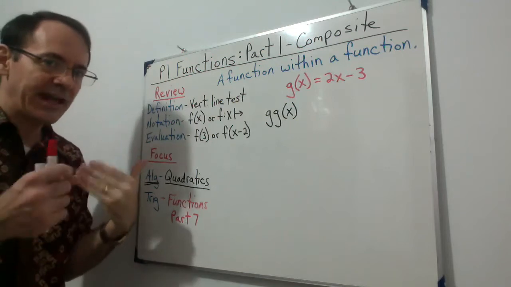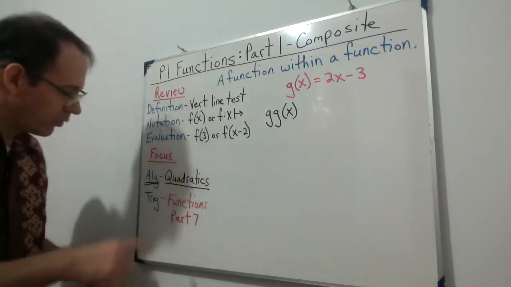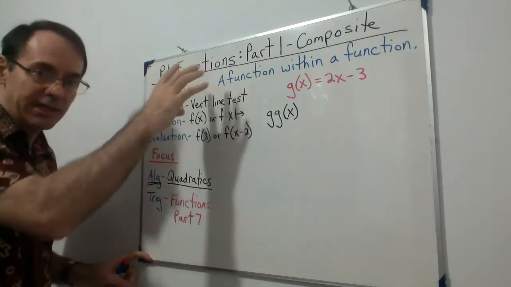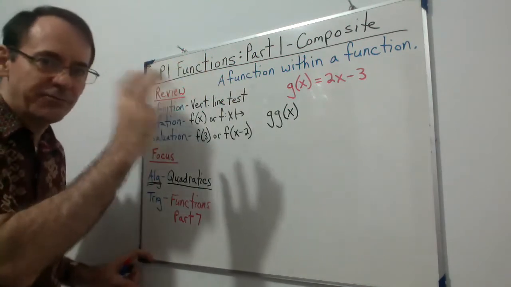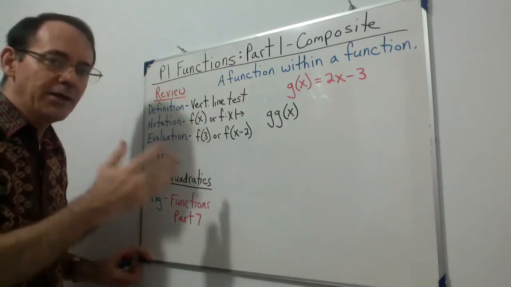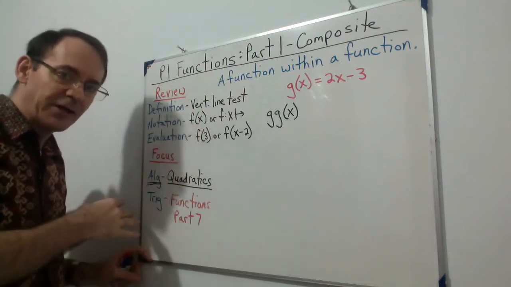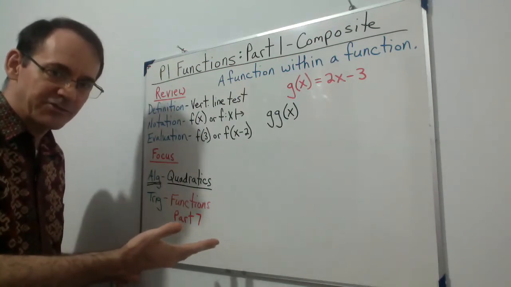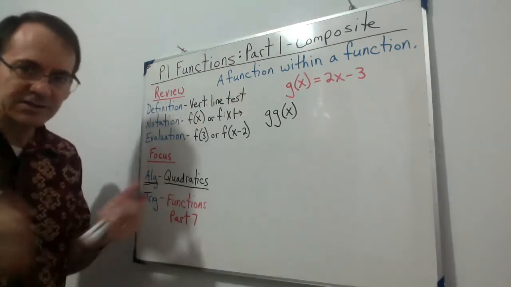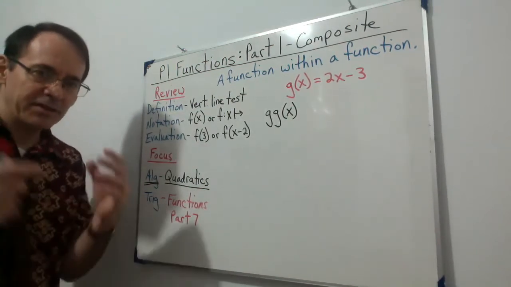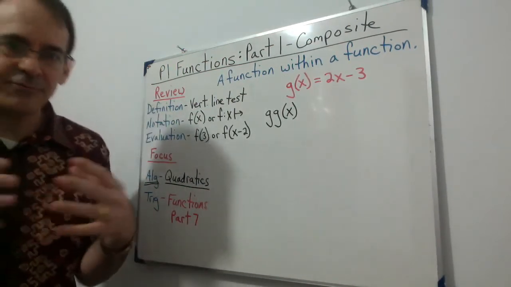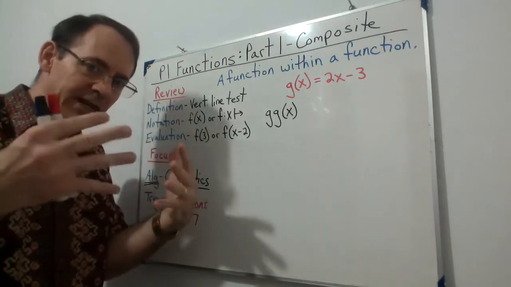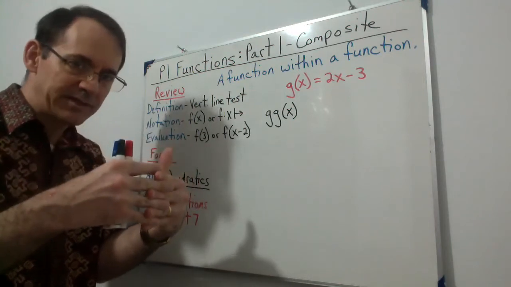Once you understand trigonometry, in part 7 of the trigonometry unit, there'll be a special video just for trigonometry and functions, whether you want to call them functions with trig or trigonometry with functions, same thing. But you'll see the correlation in that video of what you learn in functions and what you learn in trigonometry, blended together.